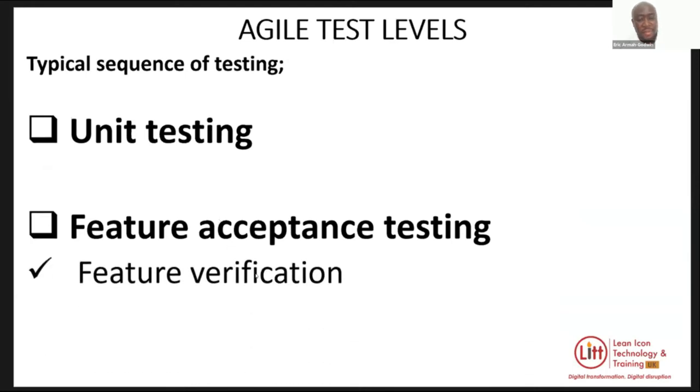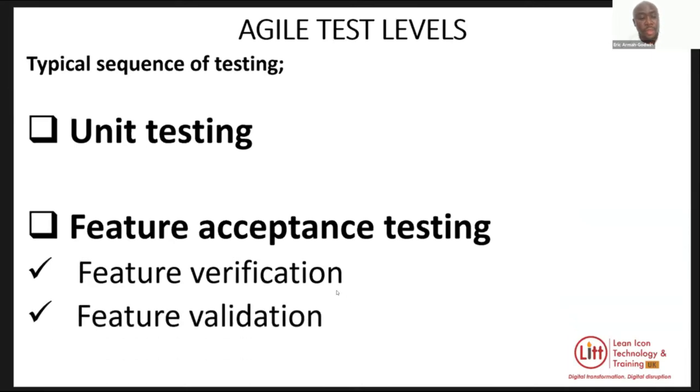There's the feature verification, which is mostly automated tests to verify acceptance criteria. And then there's the feature validation, which is usually manual and involves collaboration with everybody, developers, testers, and the business, just to make sure that the software is fit for purpose.